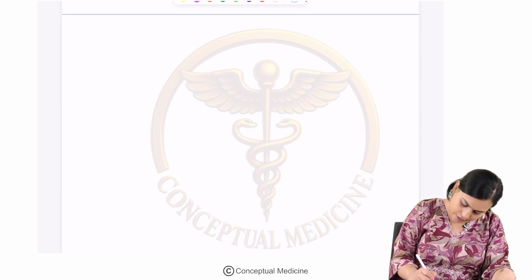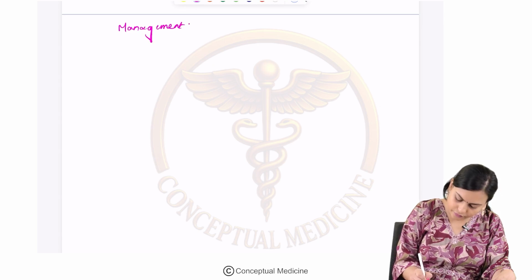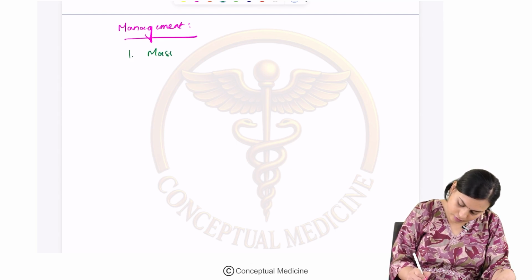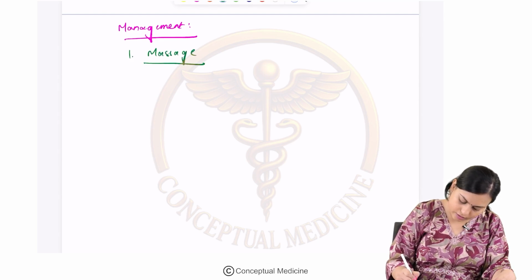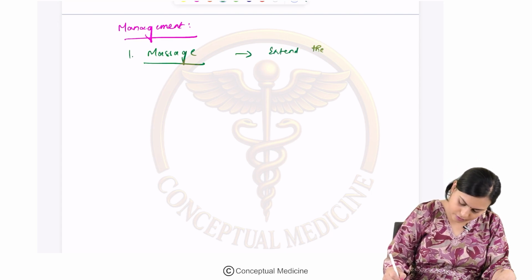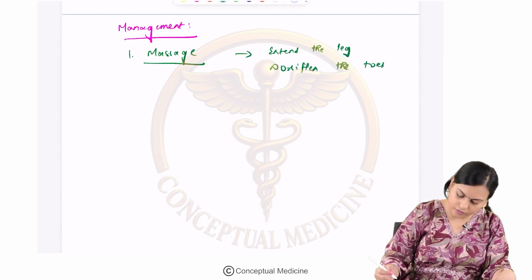Okay, now you can manage leg cramps by giving a massage. Okay, so you can ask them to extend the leg and dorsiflex the toes.